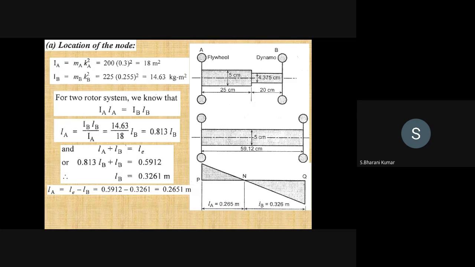What kind of node system will it be, given in the diagram? Anyone can give the answer. What type of node system is in this diagram? The third diagram given on the screen.